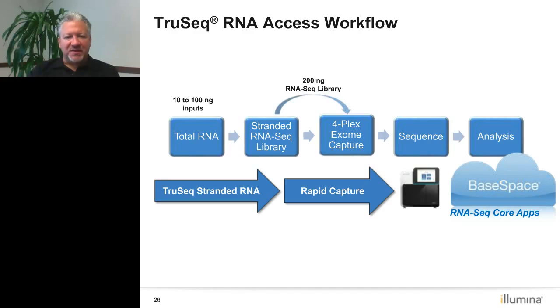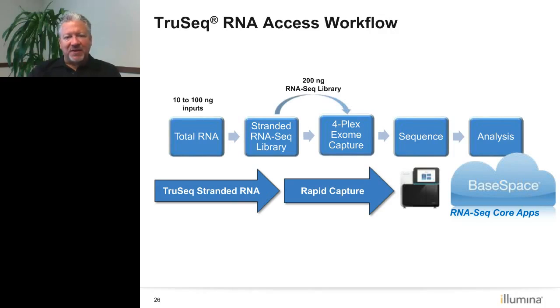And so essentially this is like blending together 2 of our other kits that we've sold historically: the TruSeq stranded RNA kit, which, as I've said, we have several different flavors of, so it has the same basic cDNA conversion strategy, and then the rapid capture exome type of capture and wash that we use in our exome sequencing.